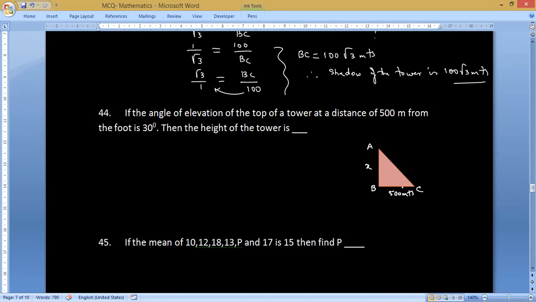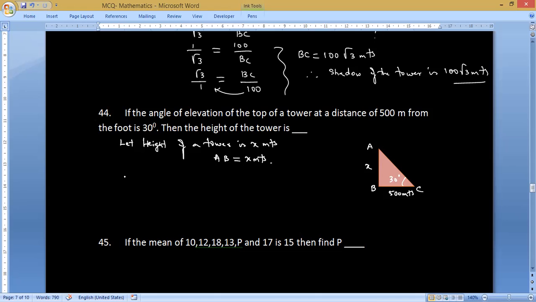The elevation is given as 30 degrees. Let the height of the tower be x meters, that is AB is equal to x meters.